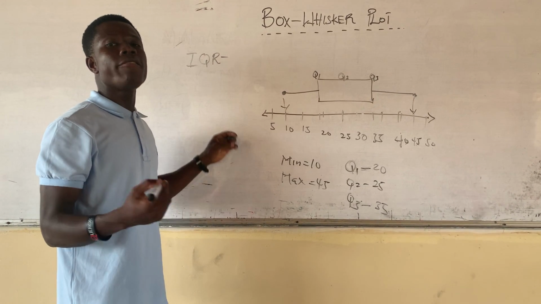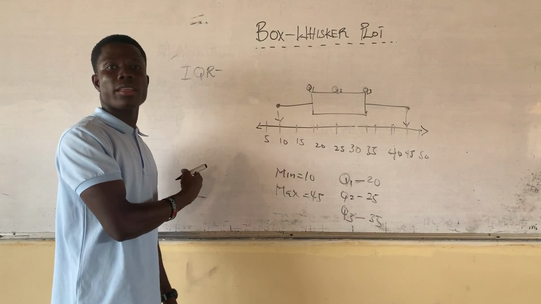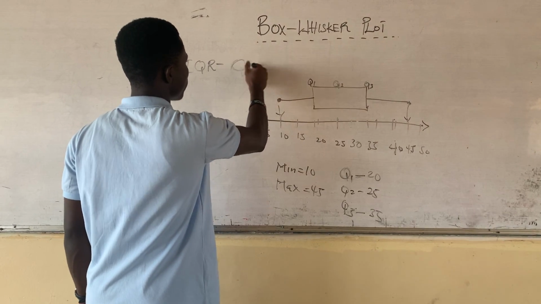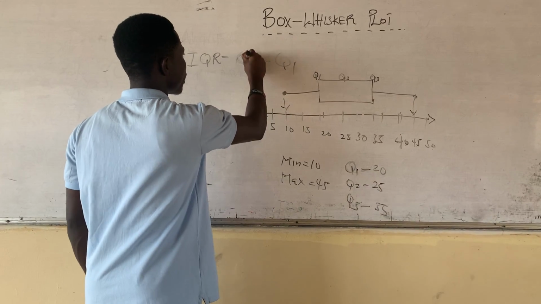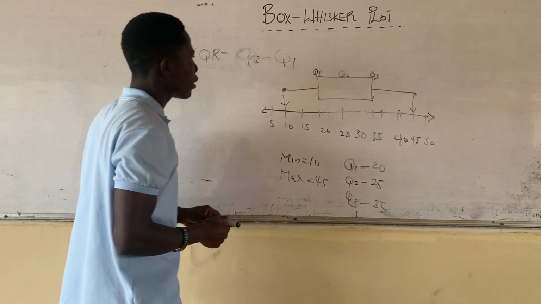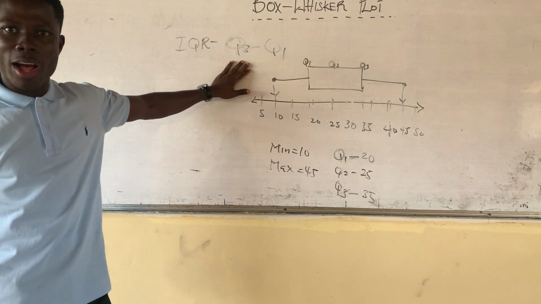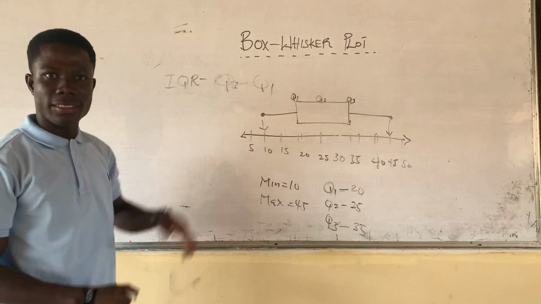So the formula is Q3 minus Q1. Q3 minus Q1 gives us the interquartile range.